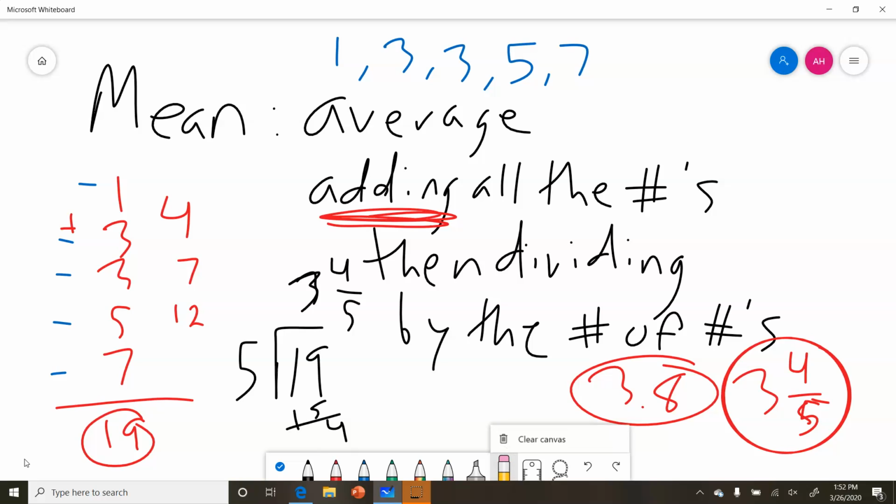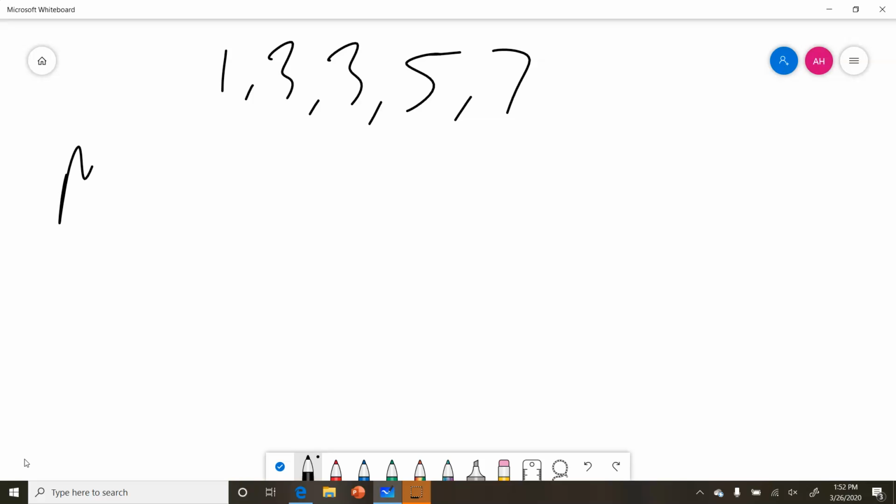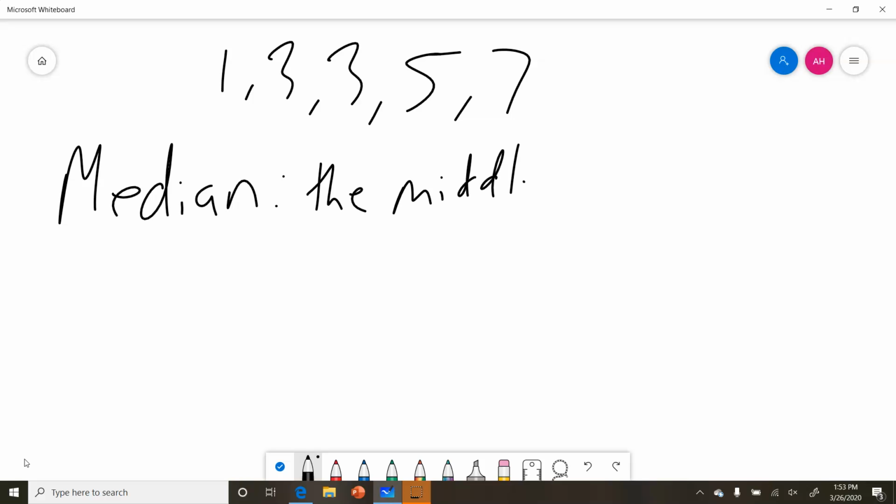Just remember that, okay? Next, using the same numbers here, 1, 3, 3, 5, and 7, we need to know the median. Now the median is the middle number. Okay, this one's pretty easy because we have 5 numbers: 1, 2, 3, 4, 5.